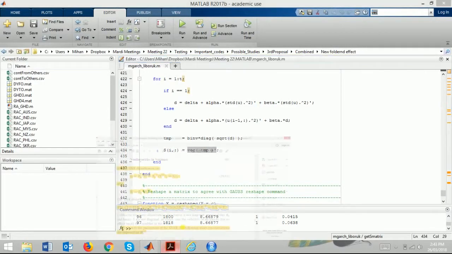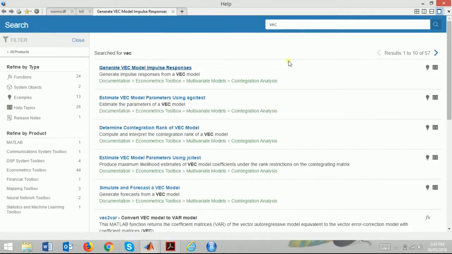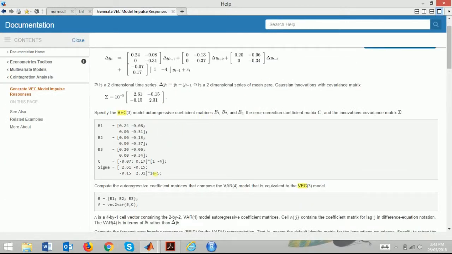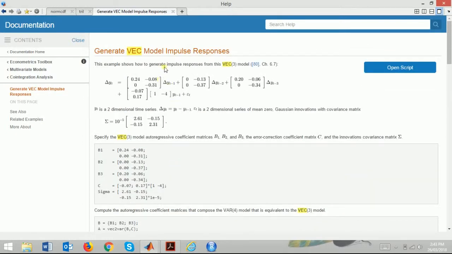Generate Vic model. Let's see. Vic model impulse responses. Vic 3 model autoregressive. So Vic to var, what is Vic? Generate impulse responses from this Vic 3 model.